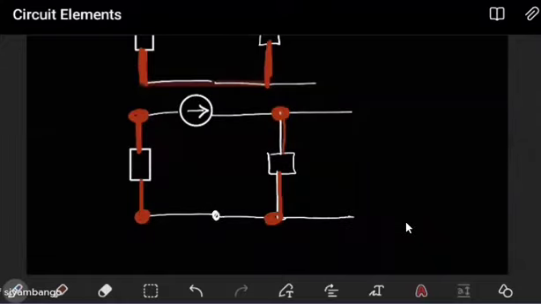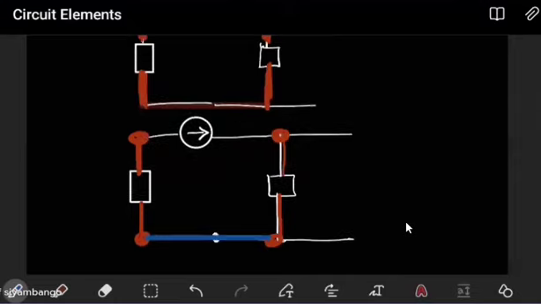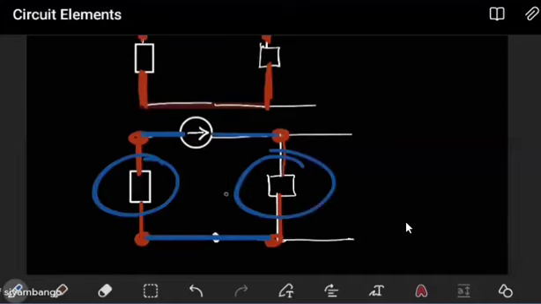At the bottom, they connect to the same point because there's nothing there. But at the top, they are not connecting to the same thing. Why? Because of this current source. The current source disrupts the connection here. So this current source connects here and here. Because of that, these two are not in parallel. Do you see that?